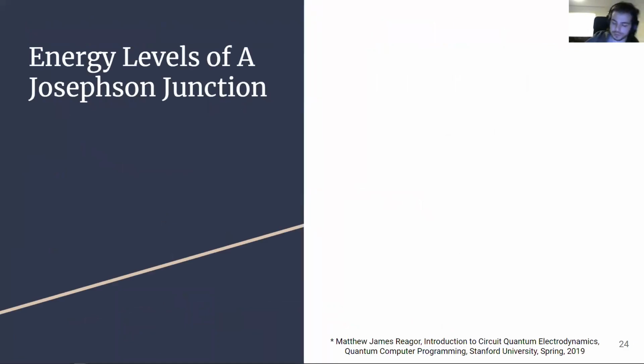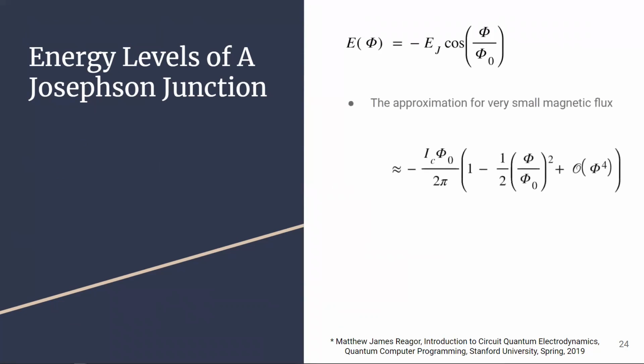Now, since we have the energy here, we will talk about the energy levels of a Josephson junction. So here we wrote the phase like this, which we defined as the flux, if you recall a few slides back. And now we rewrote the energy with respect to magnetic flux. For very small magnetic flux, the cosine term can be approximated with the Taylor expansion and written like this.